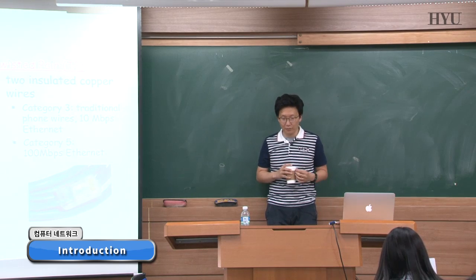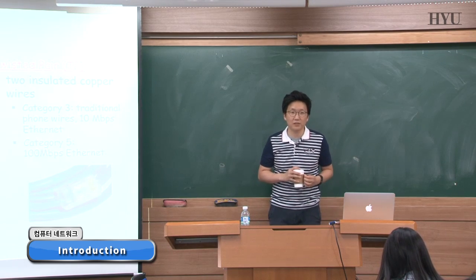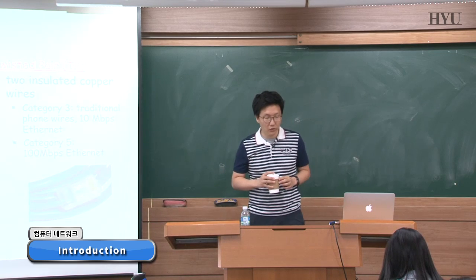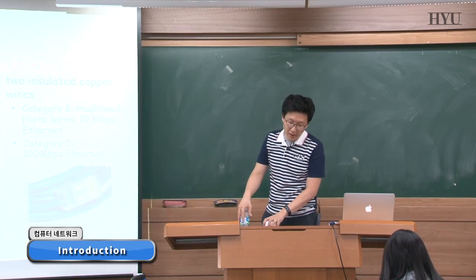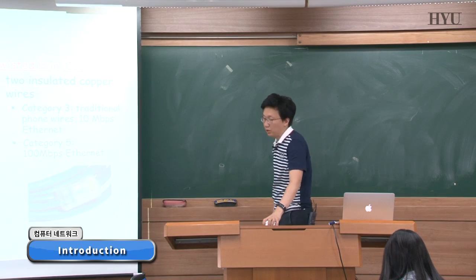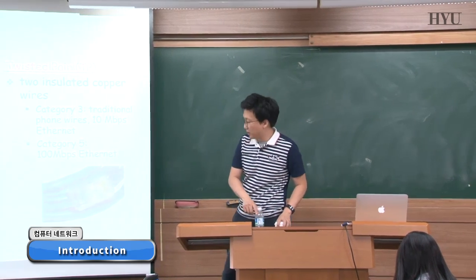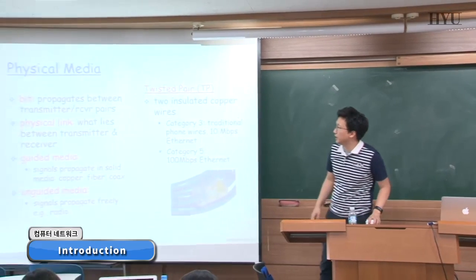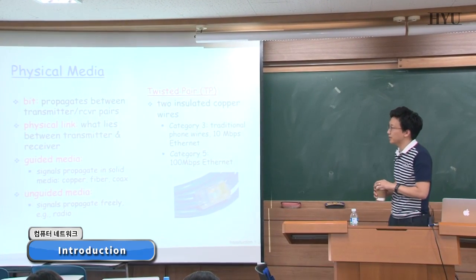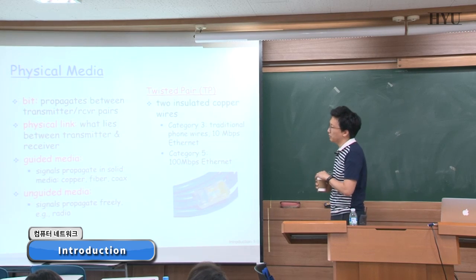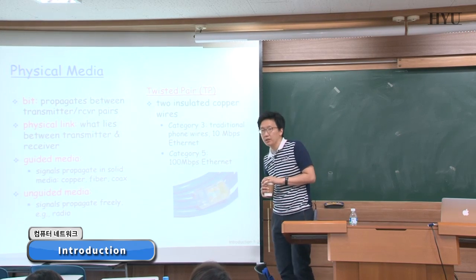If it's guided, obviously it will be faster, with less noise in the transmissions. So bits propagate between the transmitter and receiver pairs over a physical link, what lies between transmitter and receiver. Guided media: the signal propagates in solid media, copper, fiber, and coax.